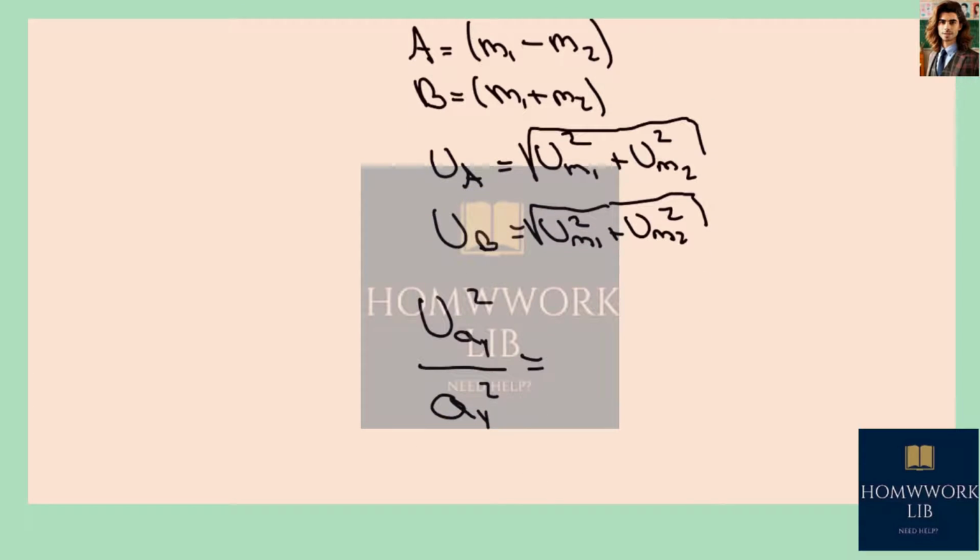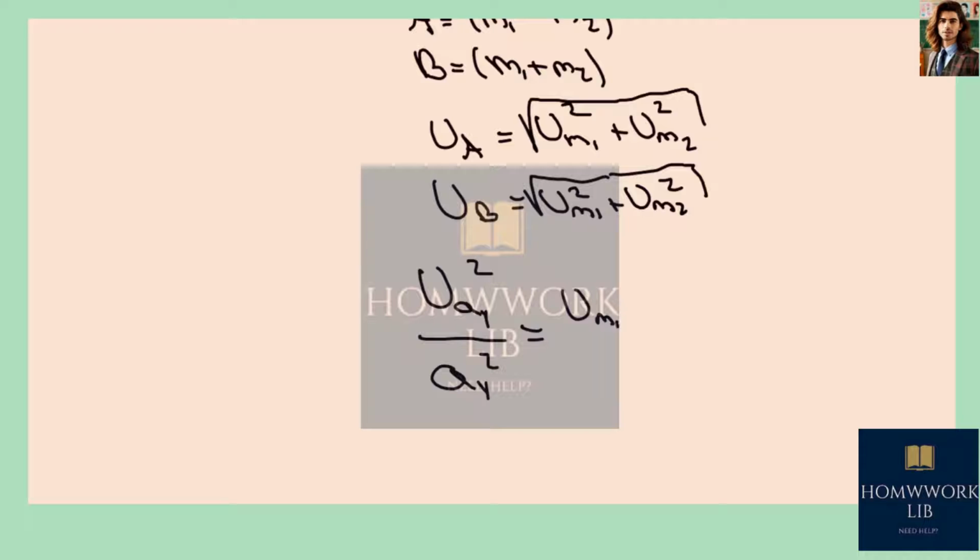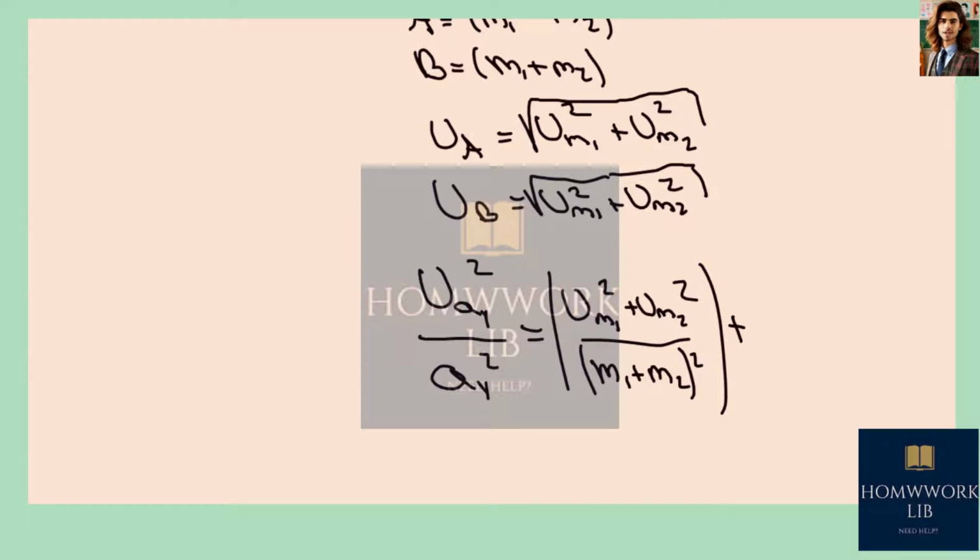Uncertainty of a squared is going to be equal to u m1 squared plus u m2 squared divided by m1 plus m2, the value that you got from your measurement, plus this is going to be the first term, and notice that m1 plus m2 needs to be squared as well, plus the uncertainty of m1 squared plus uncertainty of m2 squared divided by mass 1 minus m2 squared.